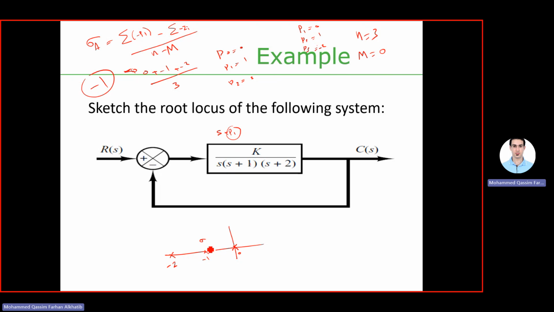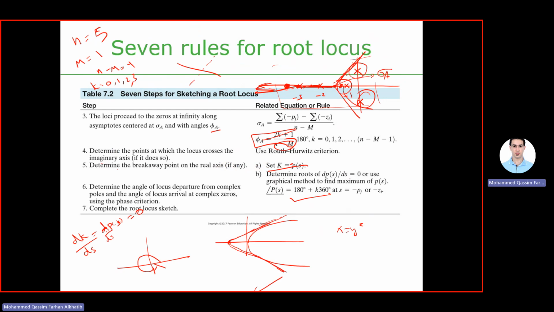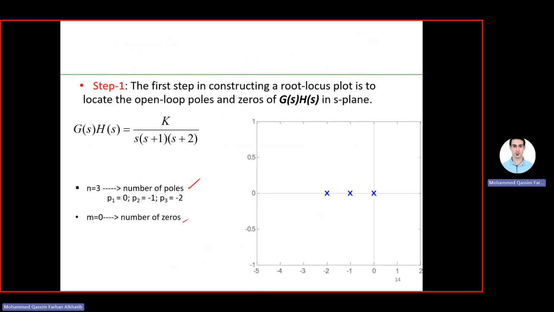Now, what will be the value of phi A? Remember, it's 2k plus 1 over n minus m times 180 degrees. That was the formula. So how to apply it?